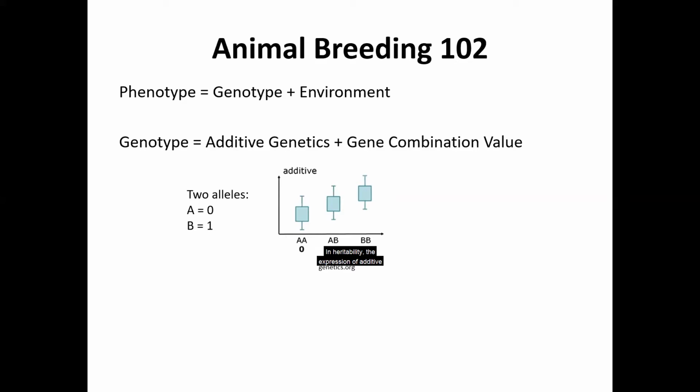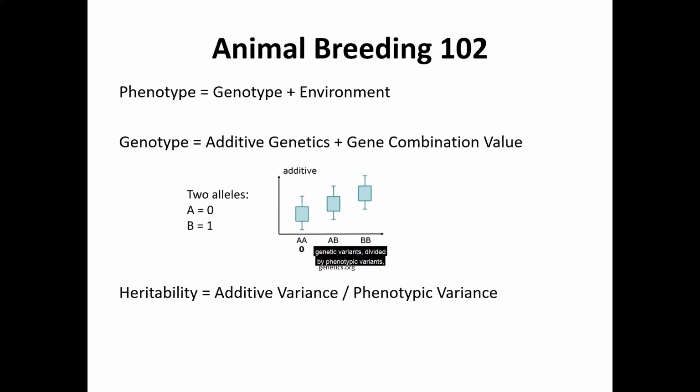So if we focus on additive, which is the part that goes to the next generation, that gives us a definition for heritability. And heritability is the expression of additive genetic variance divided by phenotypic variance, or basically what proportion of what we see is reliably passed on to the next generation.